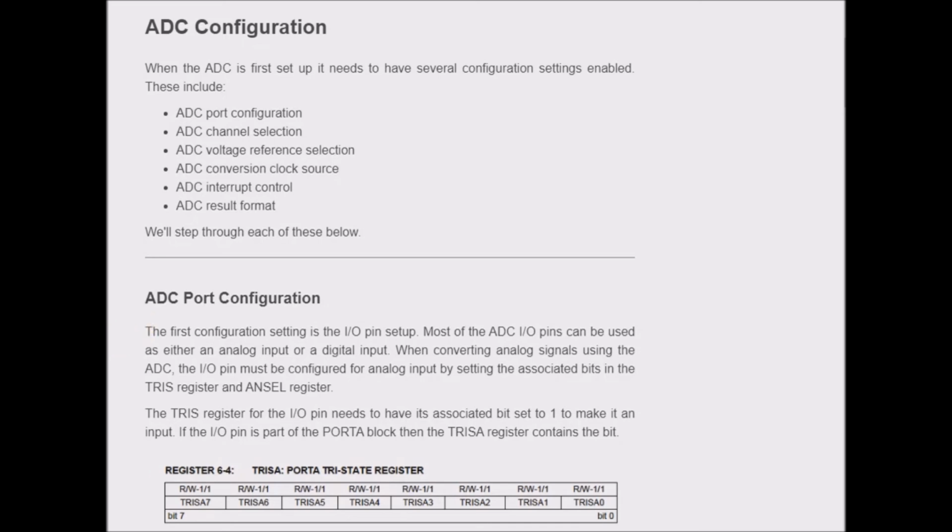The TRIS register for the I/O pin needs to have its associated bit set to 1 to make it an input. If the I/O pin is part of the port A block, then the TRISA register contains the bit. TRISA, port A tri-state register.